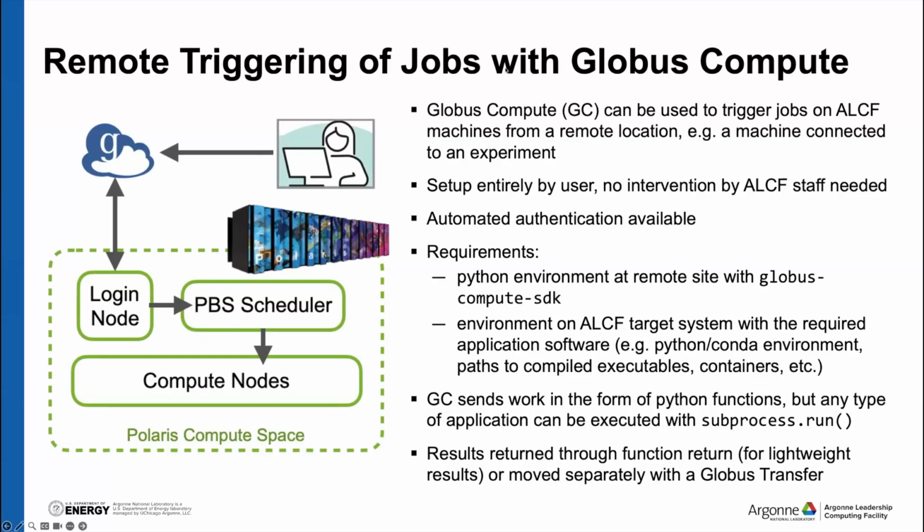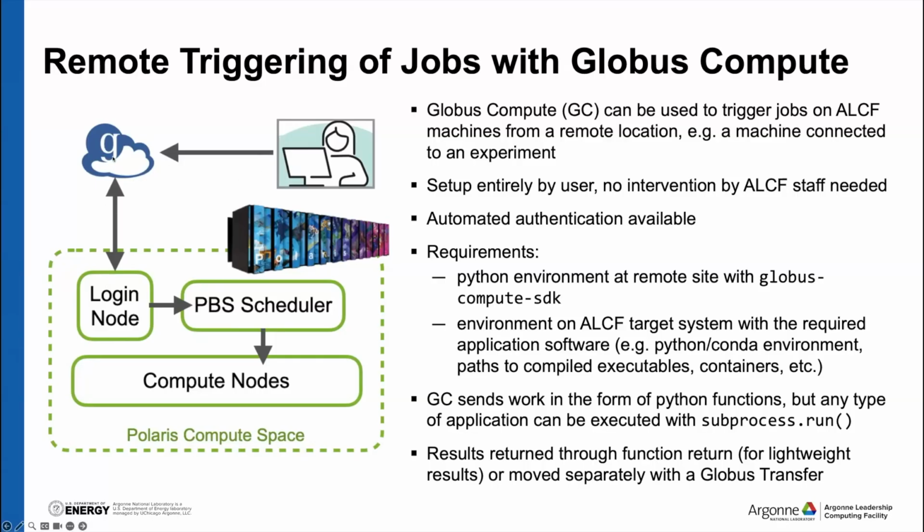What they can do is communicate that work to the Globus service. And if this scientist has pre-staged what we call a Globus Compute endpoint, we'll talk about that in a minute.